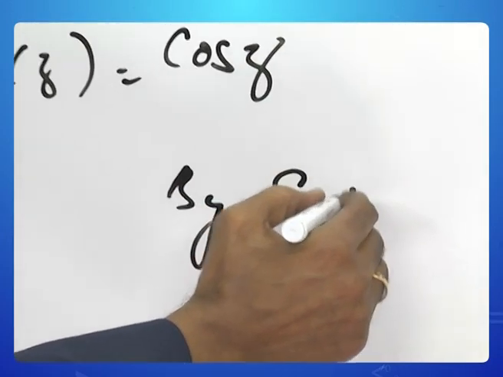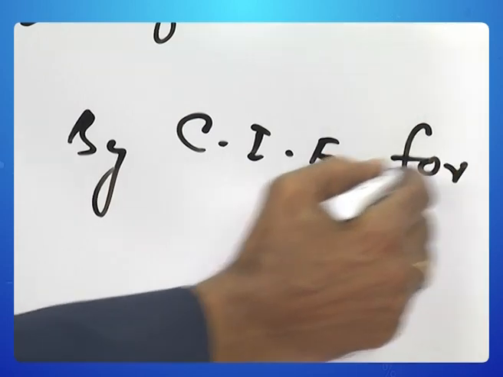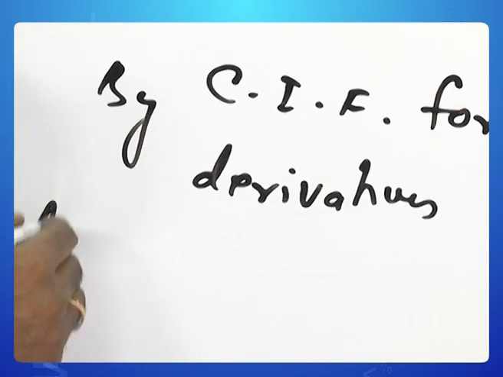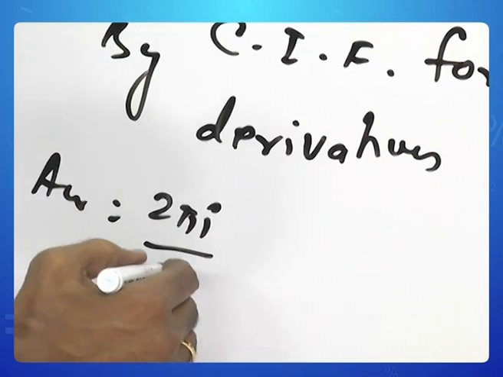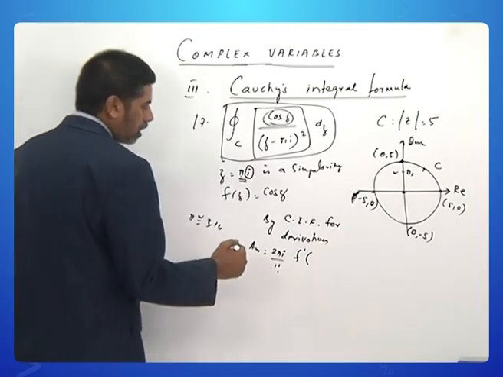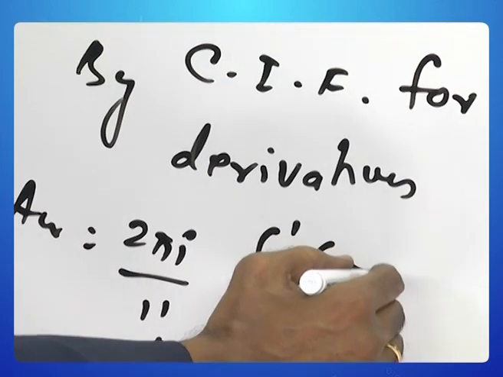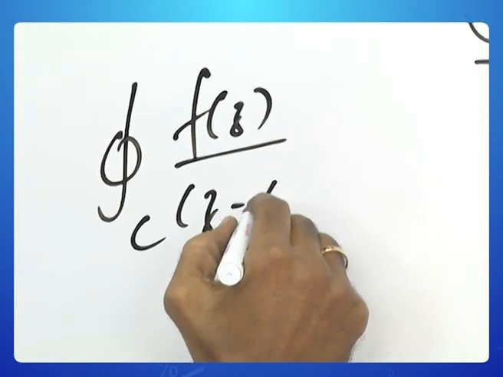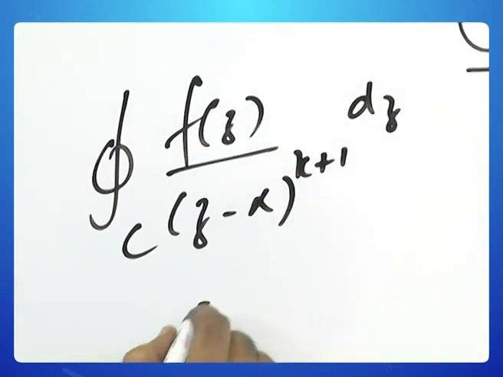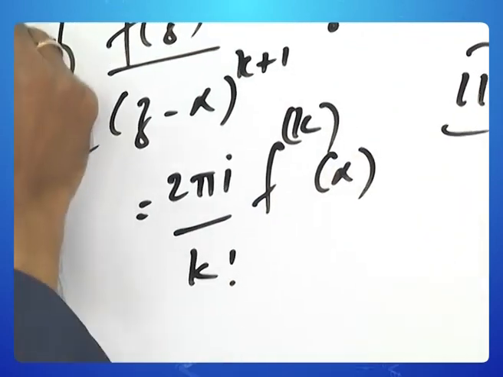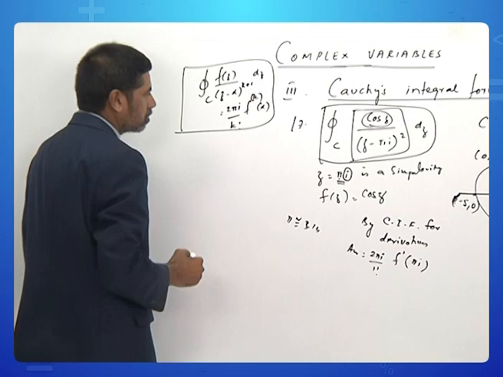By Cauchy's integral formula for derivatives, the output will be 2 pi I by 1 factorial first derivative at the singularity at pi I. Remember, the rule is integral over c f of z by z minus alpha to the power of k plus 1 is 2 pi I by k factorial kth derivative of the numerator function at the singularity alpha.